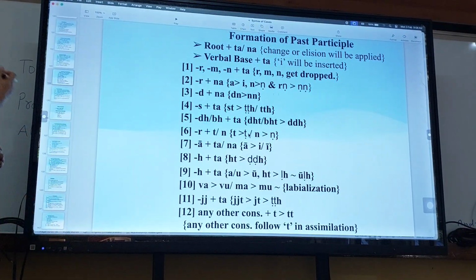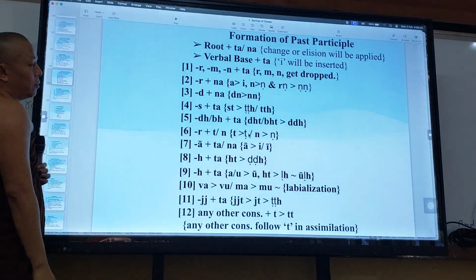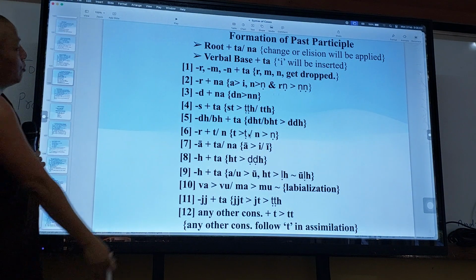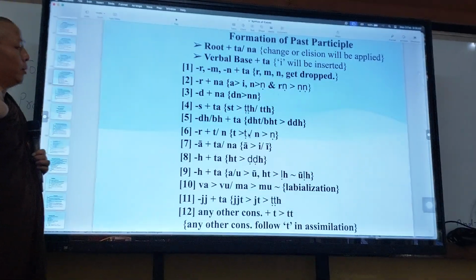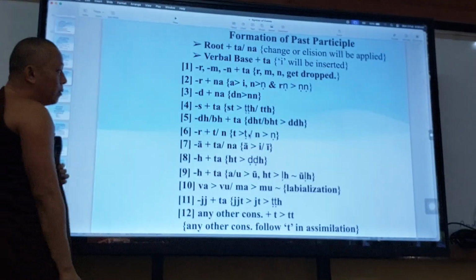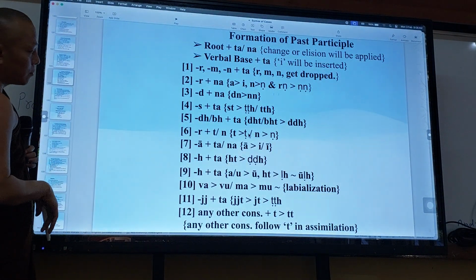But even though that root ended in the Ra, the following consonant is, when the past participle suffix is used without the da, or if we use the na at the time, instead of dropping, such a change will also happen for that one.